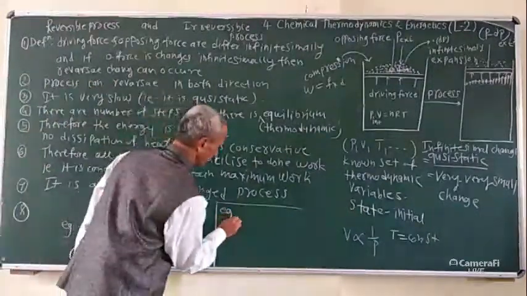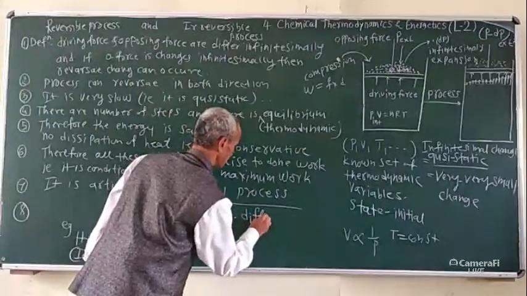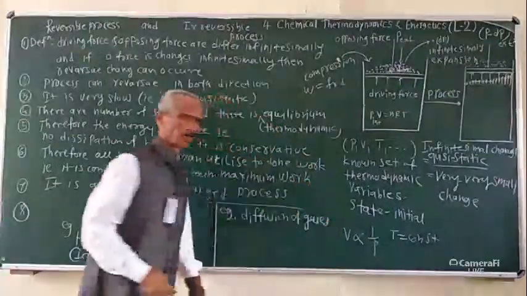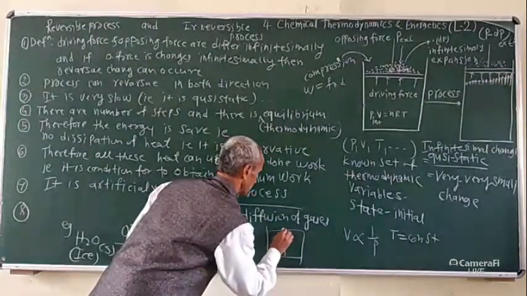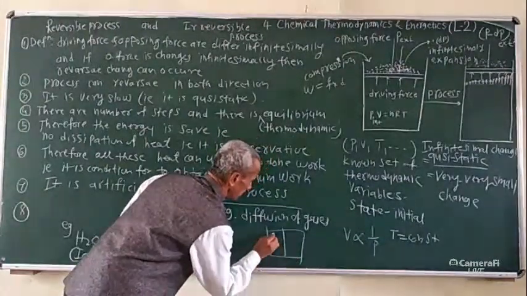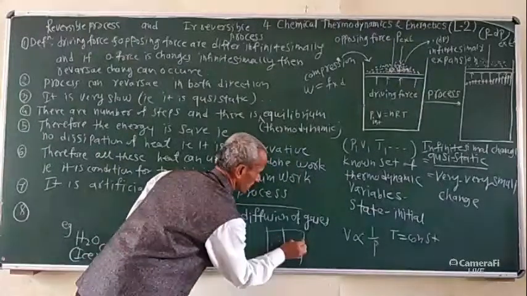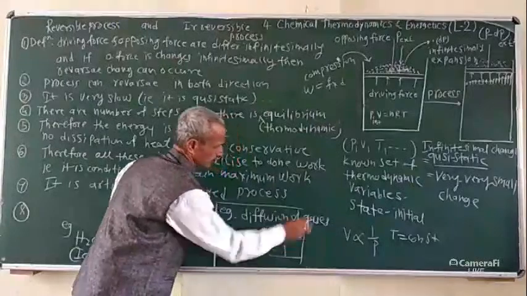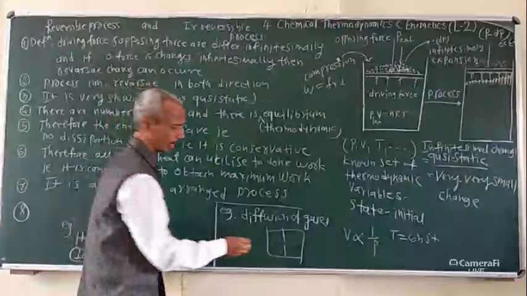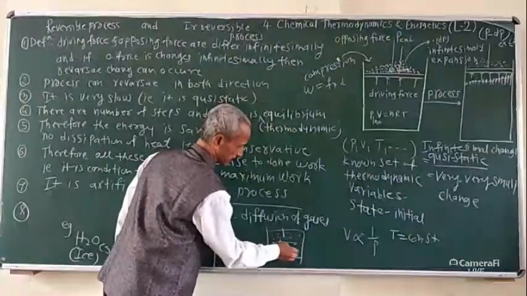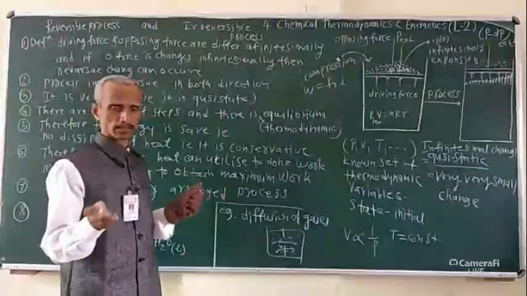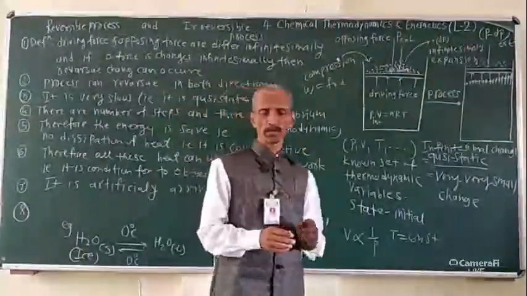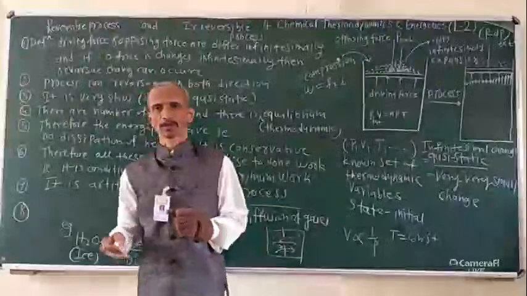Okay. So here, the very famous diffusion of gases. Suppose there is one compartment of hydrogen, right? And there is another compartment, so here hydrogen molecules are there, nitrogen molecules are there. If you open the partition, the gases are mixed together immediately. Now further separation is not possible. It is not found that in one corner of the room there is hydrogen and in another corner there is nitrogen.